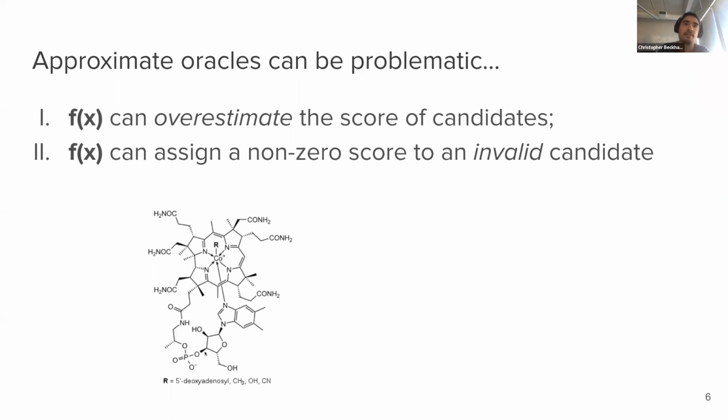So in the case of, let's say, a chemical compound, we know that certain atoms can't bind to certain other atoms and certain structures are not possible. And so in the case of chemistry, an invalid candidate would be like, here's a chemical compound that I want you to synthesize, but it's like, no, it's not possible. And so we know that f of x can do this, right? Because it's a discriminative model, and discriminative models are very vulnerable to these sorts of things.